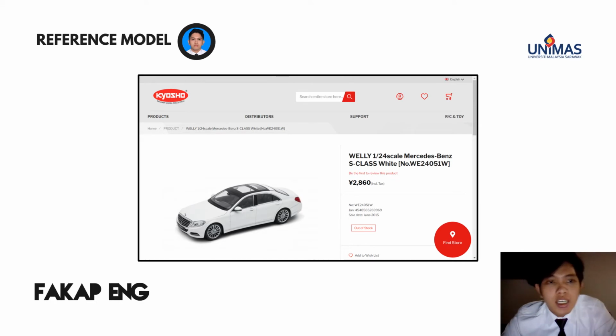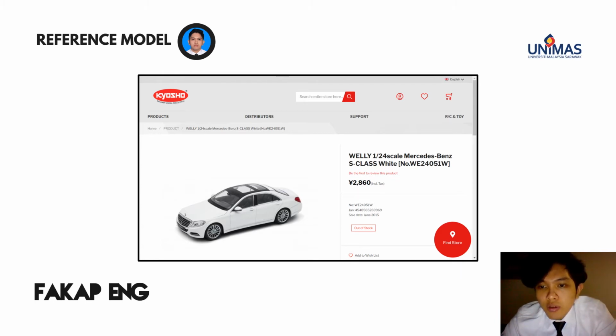What you can see here is our reference model, the model which will be competing. This is a model from Kyosho online store. Kyosho is a diecast car manufacturer based in Japan.